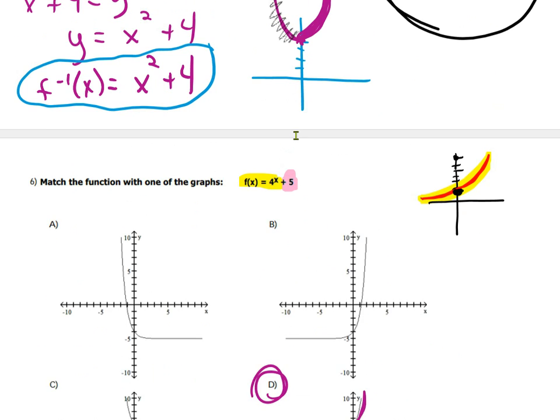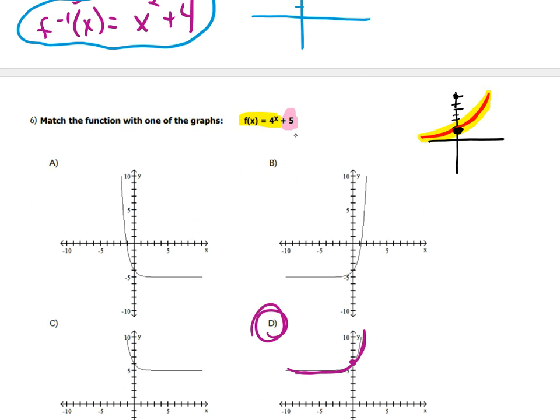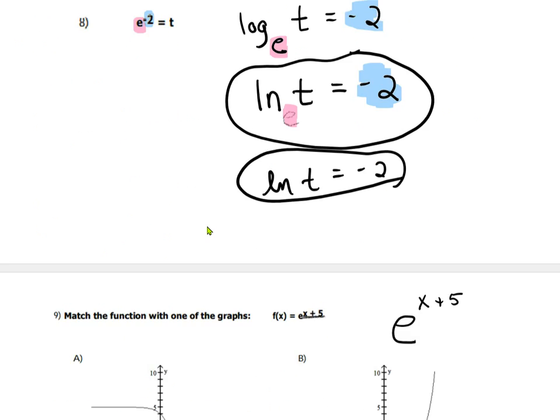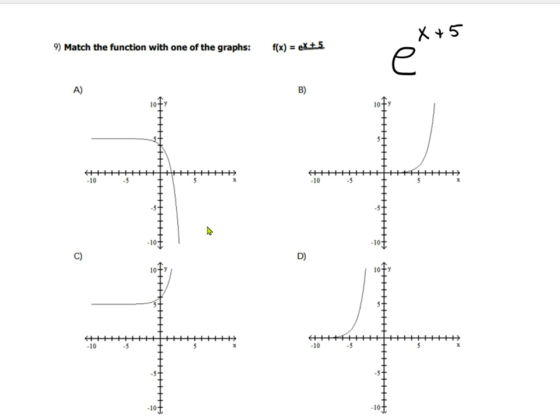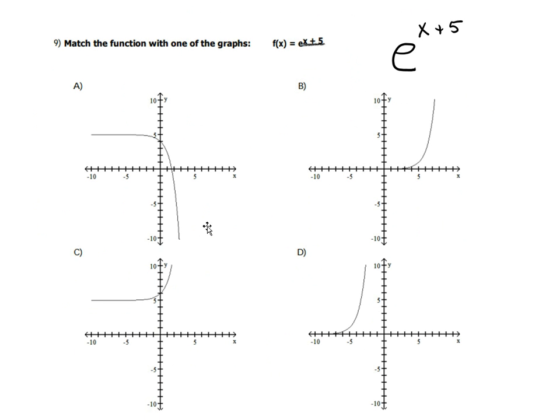Like this one, the 5 is on the same playing field as the 4. They're on the same level. So that way you know it's 4 to the x, and then you add a 5 to that. Whereas on this one, it's e to the x plus 5.